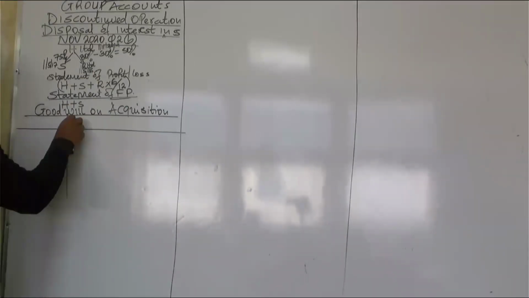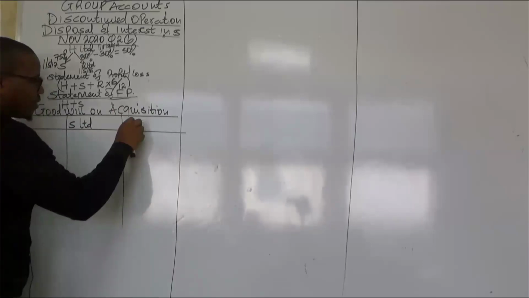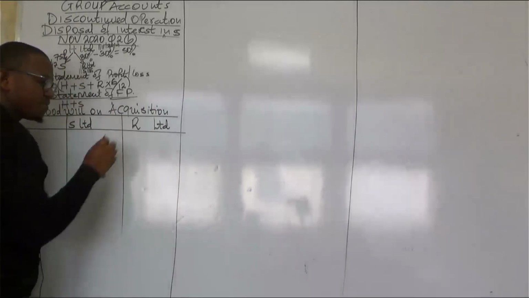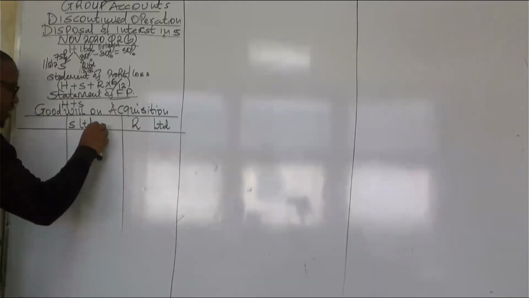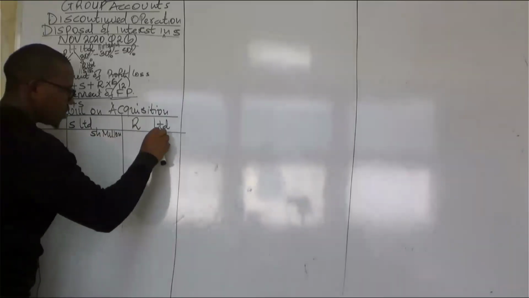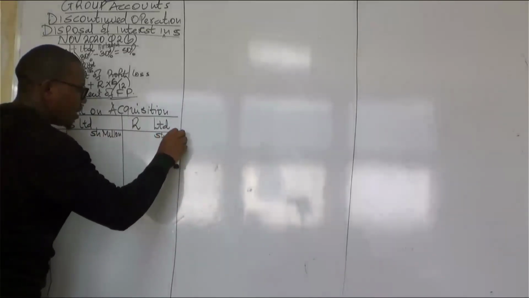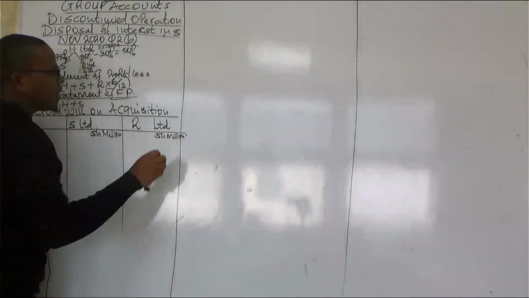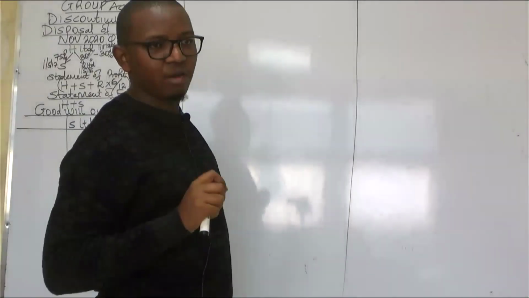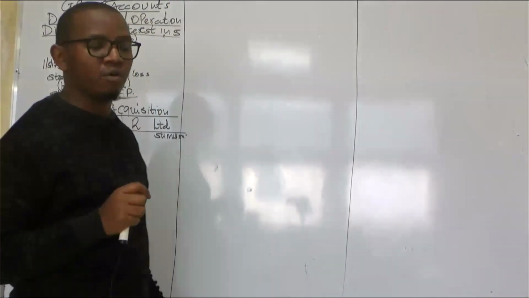One was S Limited, and the second one is R Limited. So we need shillings, this should be in million. Now, I said whenever you are given the fair value of NCI, we use what we call the full goodwill.